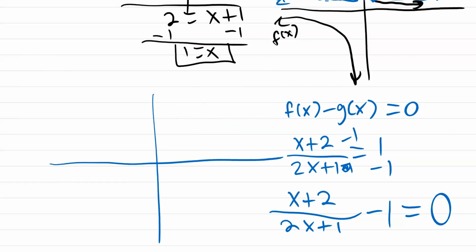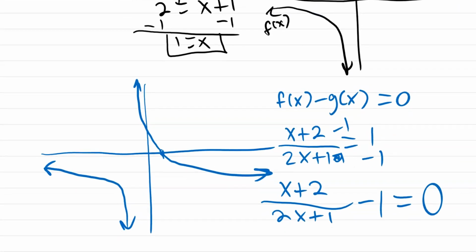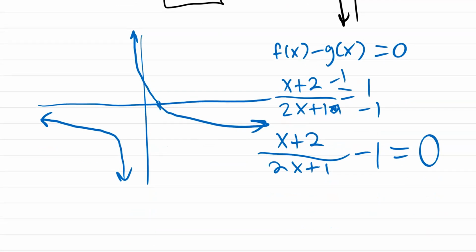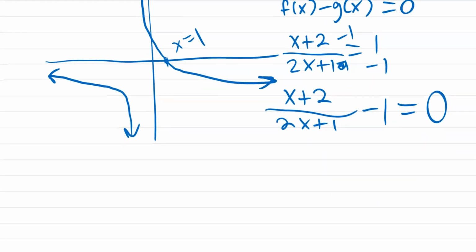It crosses at 1. So what does that do for us, right? Well, it makes the next question a lot easier because that was just solving where it equals 1, with x equals 1 right there.